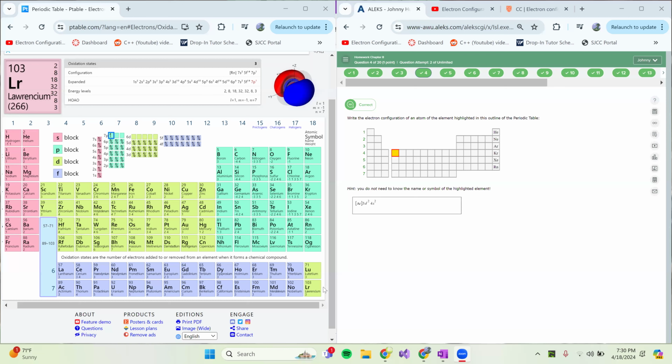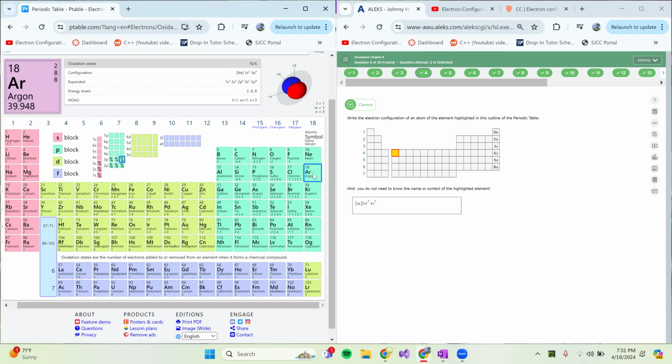This is question 4. You're asked to find the element's electron configuration, and they want you to use the noble gas core. So you look to the previous noble gas and you see that it's Ar. Ar has 18 electrons.